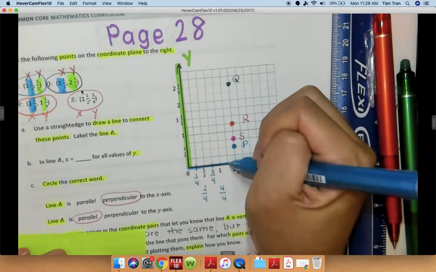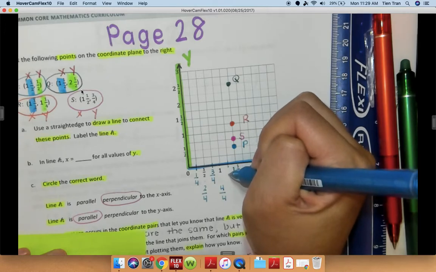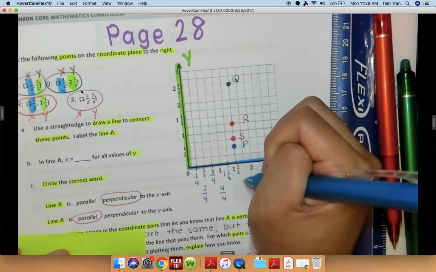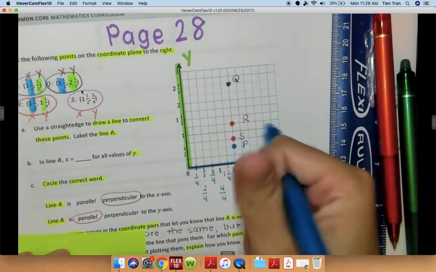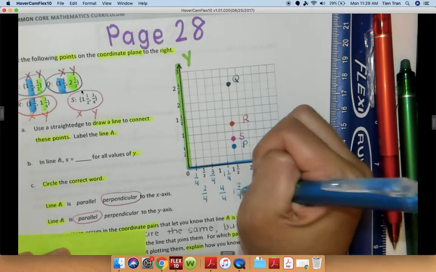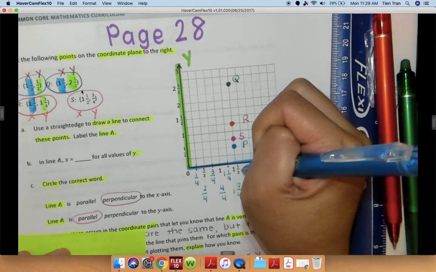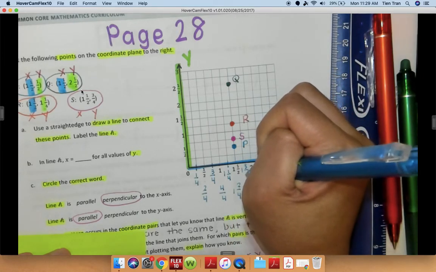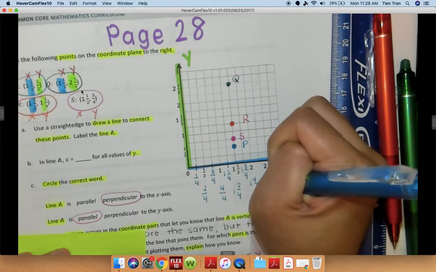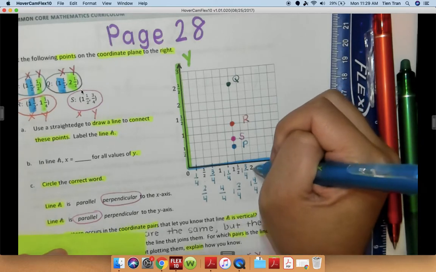Next, I'm going to have 1 and 1/4. Then I have 1 and 2/4. After 1 and 2/4, I'm going to have 1 and 3/4. And then I have 1 and 4/4. 1 and 4/4 is the same as 2.